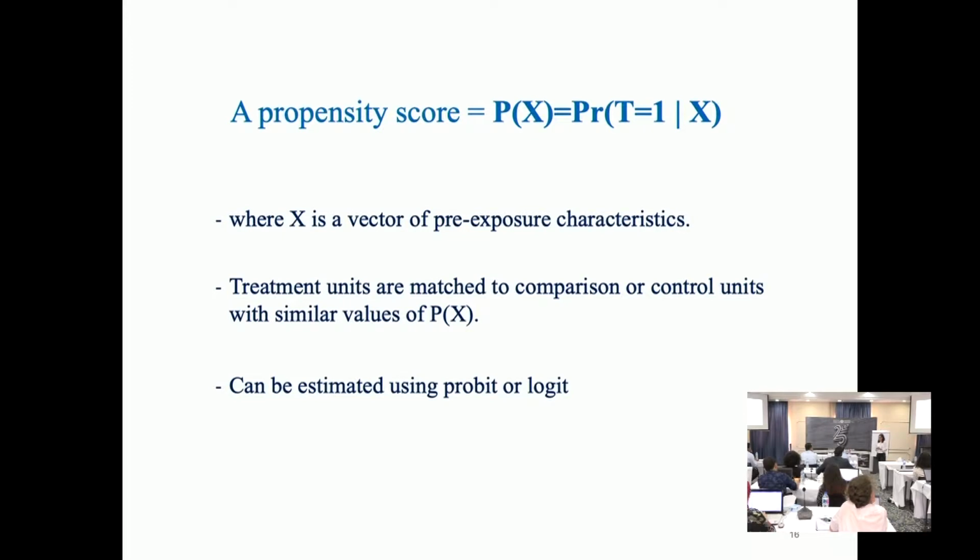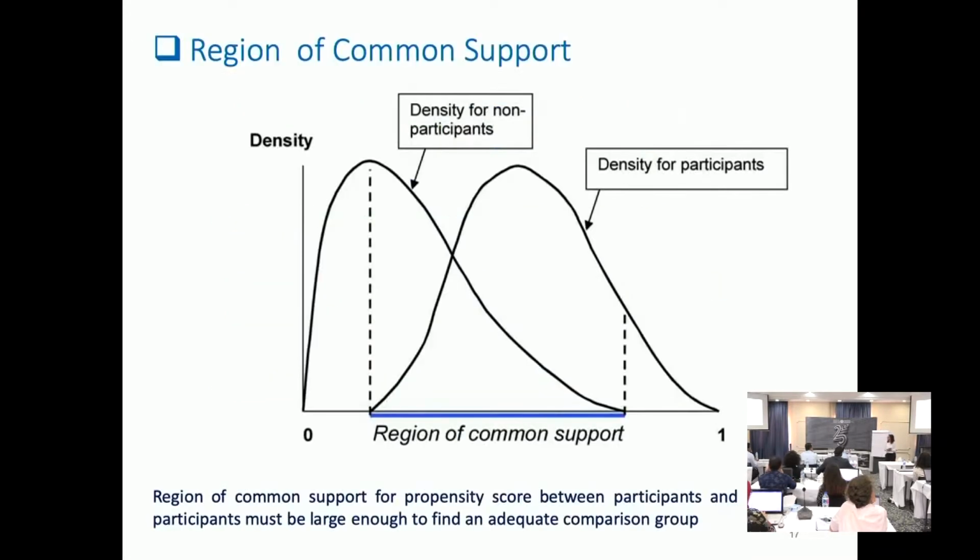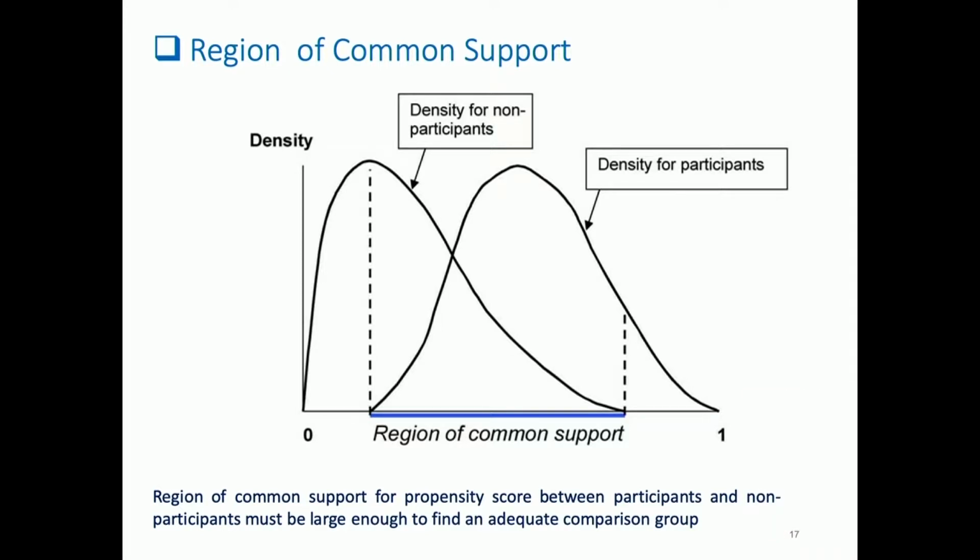We'll see there are different methods to match. But the most important thing is that we want what we call the region of common support. This is the density function for the participants and the density function for the non-participants. You need this common area to be as large as you can to be able to match individuals together.